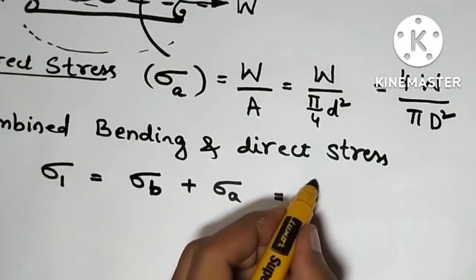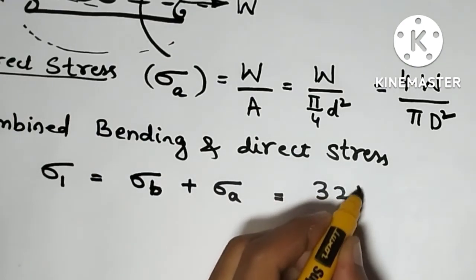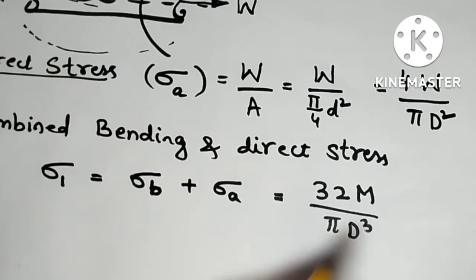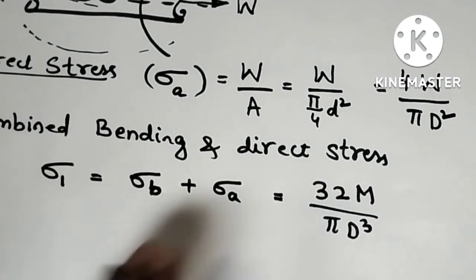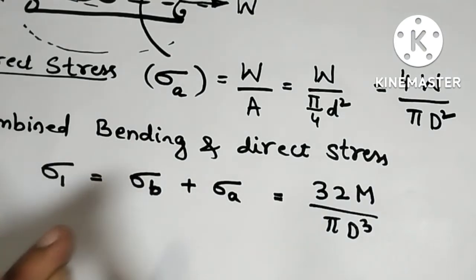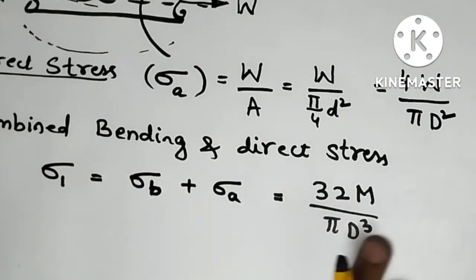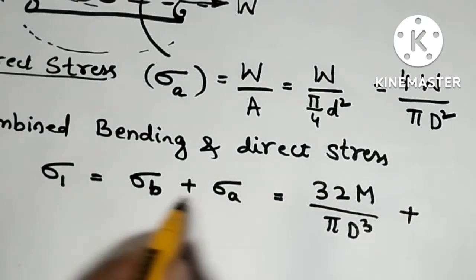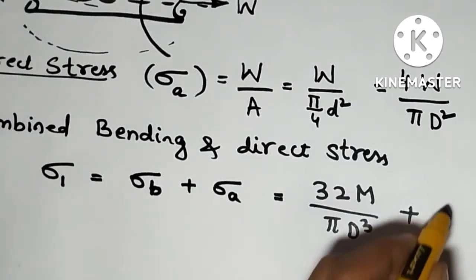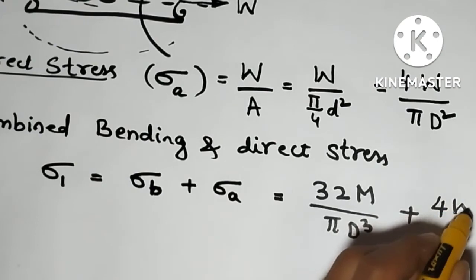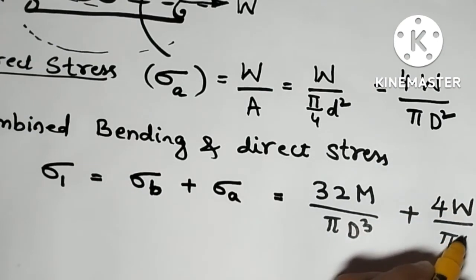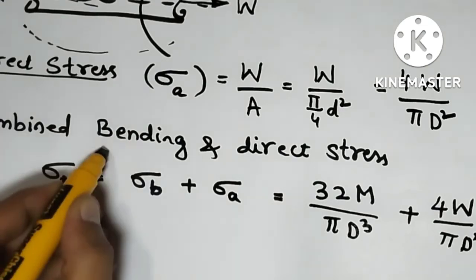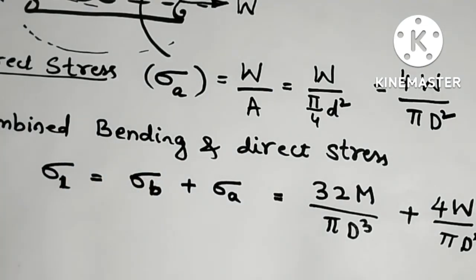We have derived, that is 32 M by pi d cube. This is for a solid shaft, plus sigma A, which you have just derived, that is 4W by pi d square. So this is for combined bending and direct stress.